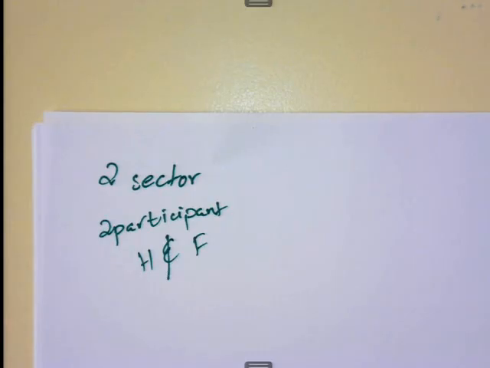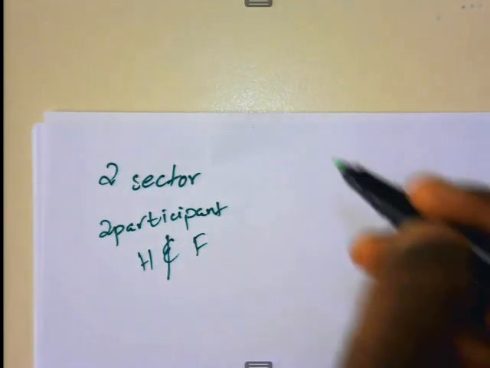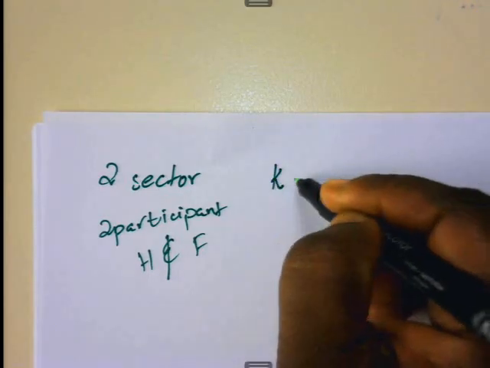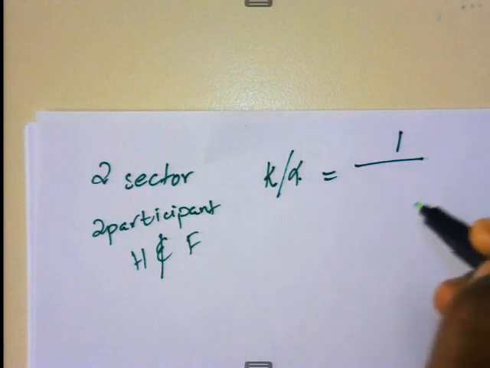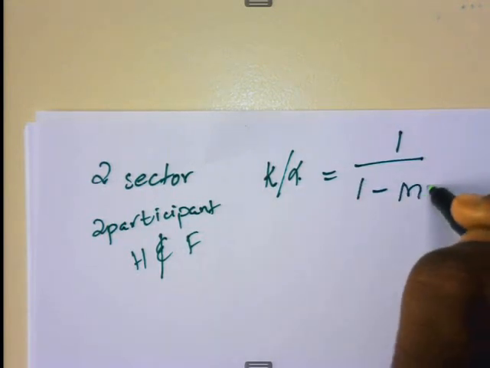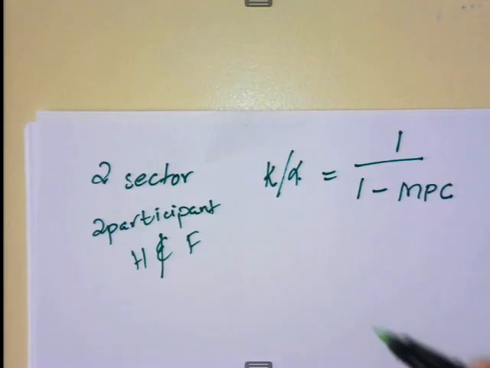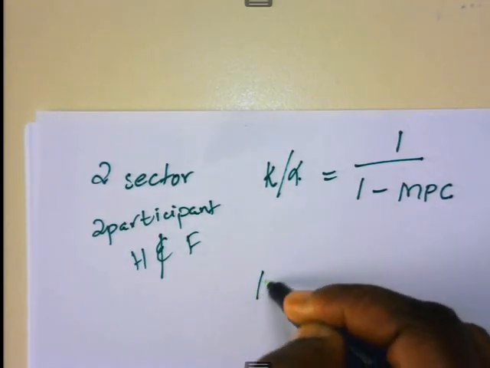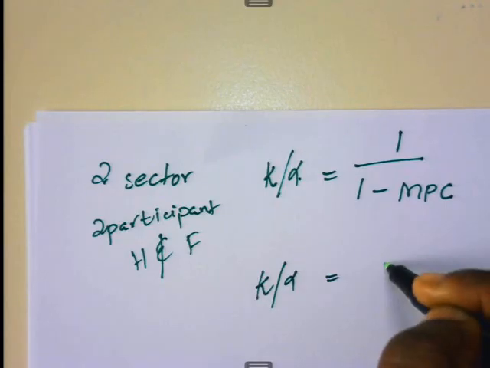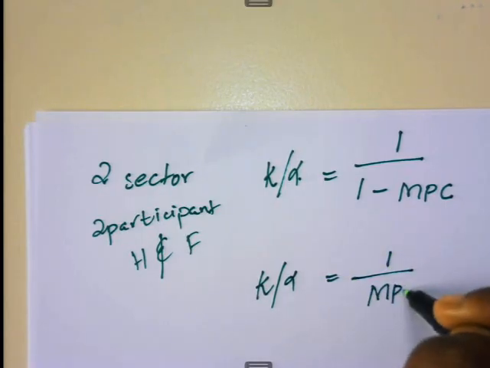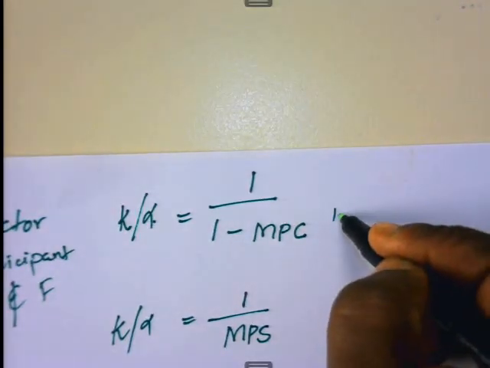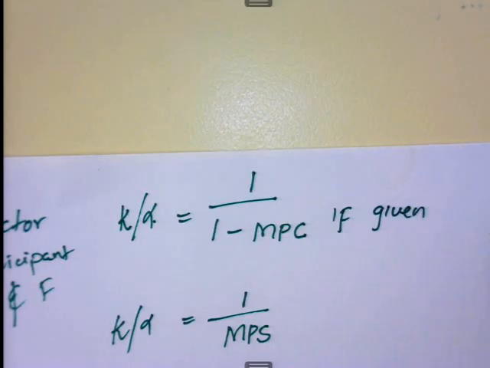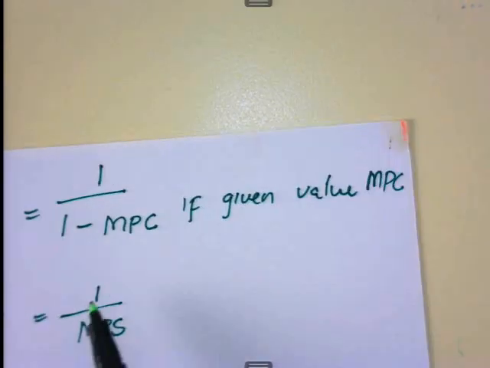And how do we calculate the multiplier for this sector? We use K. Some books say alpha is equal to 1 over 1 minus MPC. Or you can use the formula K or alpha equals 1 over MPS. Why these 2 formulas? If you are given the value of MPC, you use this formula.